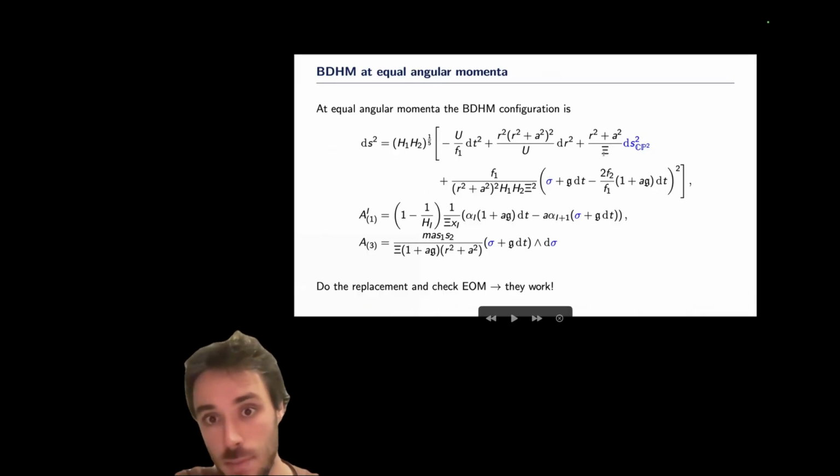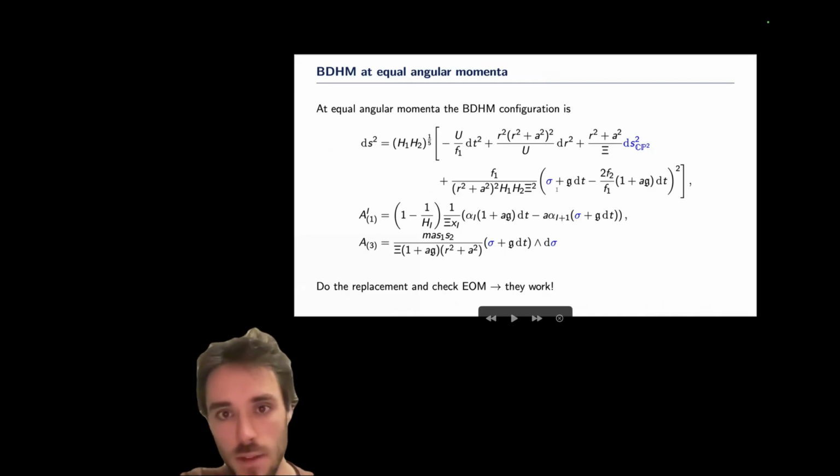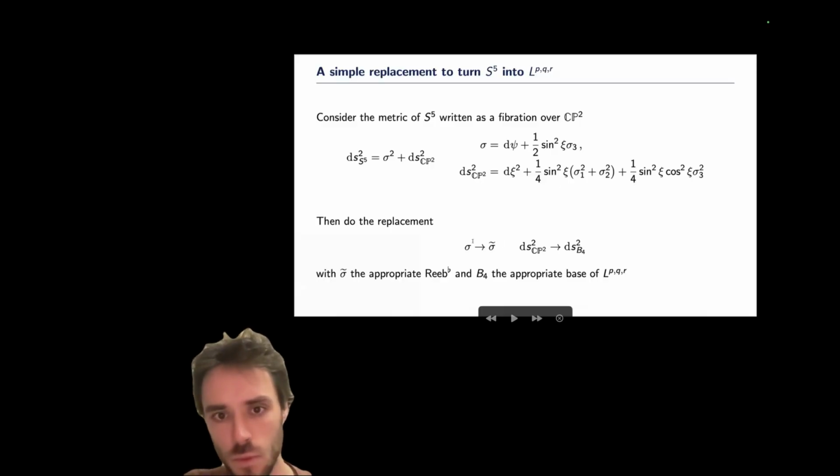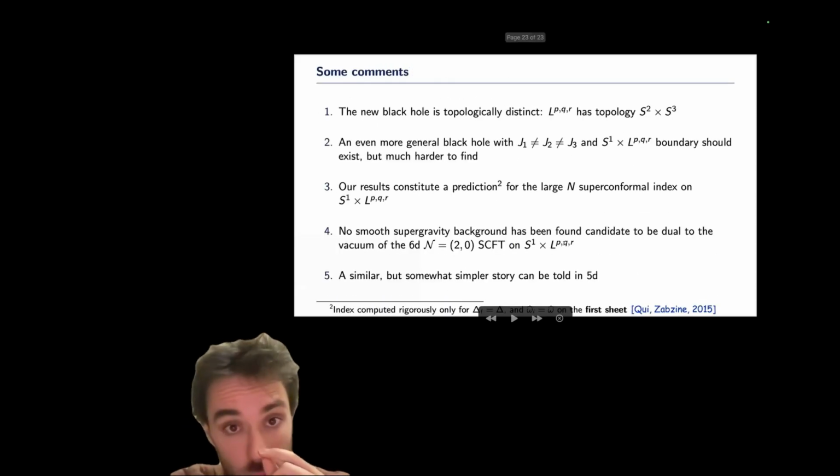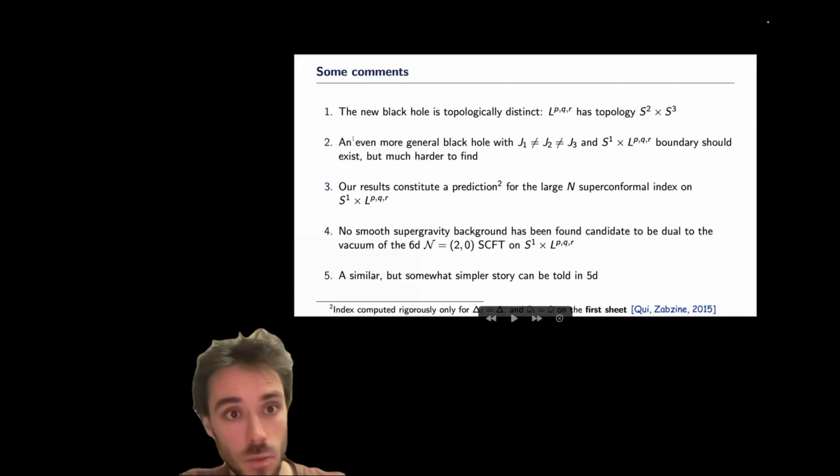This black hole, bear with me, is still rotating, but all of the angular momenta are set equal, which simplifies the analysis. If they're not set equal, this trick would not do the job, which is why this is much harder to find as a solution to Einstein's equations. But it would be nice if somebody with a smart idea comes around and finds this black hole.